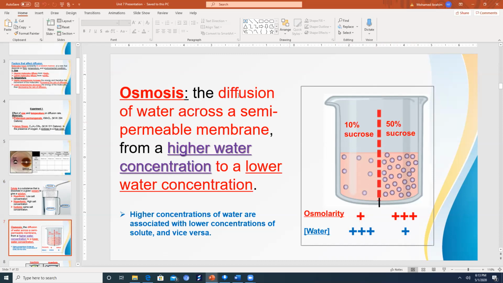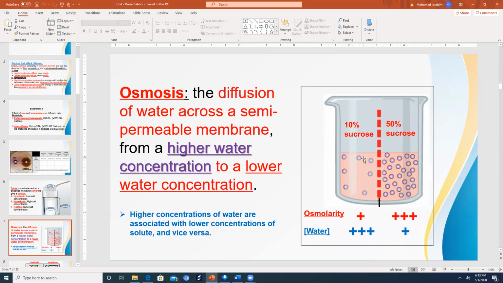The 50% is hypertonic, while the 10% is hypotonic. Perfect. So this is hyper, this is hypo. This has more solute than this. Great. Now, let's look at the diffusion, which is water movement now.